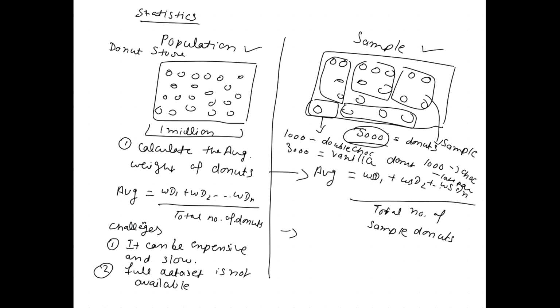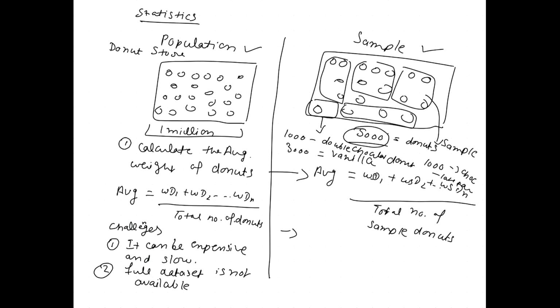Now there are two more types of donut available in your store, but they are missing here. When you pick up the sample randomly, we are not sure what kind of data you are picking up. When you calculate the average, it gives you the average of these, and your model may become biased because it was not trained for another type of donut, like a cream donut.